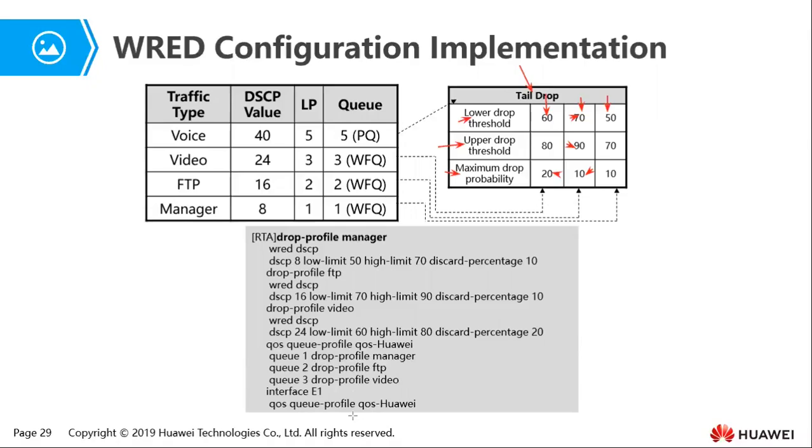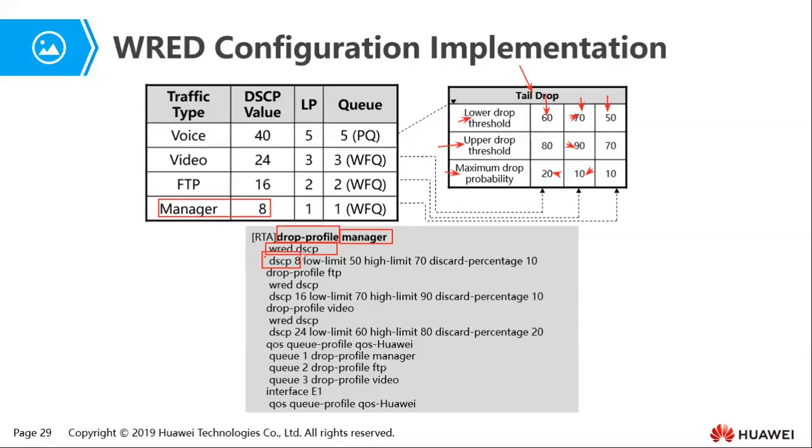So how to configure that? We use the command drop-profile, then you give it a name, for example, manager. Then you use the command wred dscp, then DSCP 8, meaning that is the DSCP value.